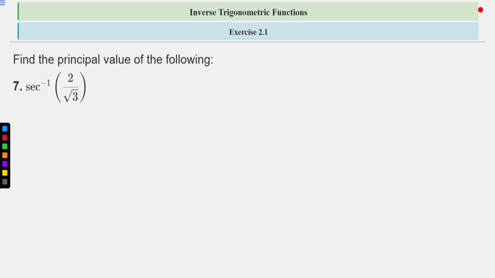Now we need to find the principal value of sec inverse 2 by root 3, right? You need to find the principal value of sec inverse 2 by root 3. So you all can start answering. Okay, students are saying pi by 6.